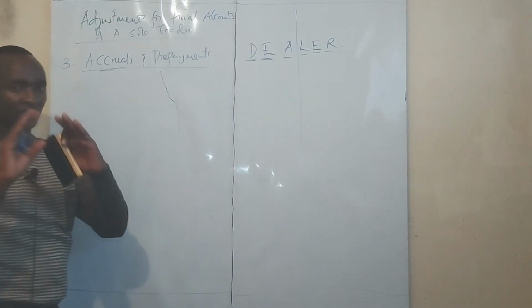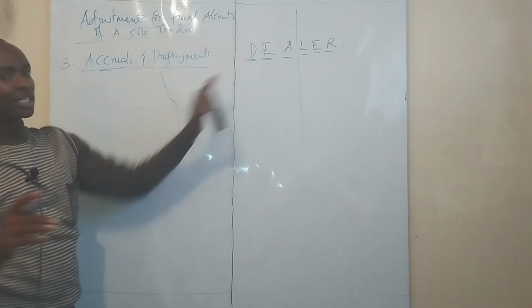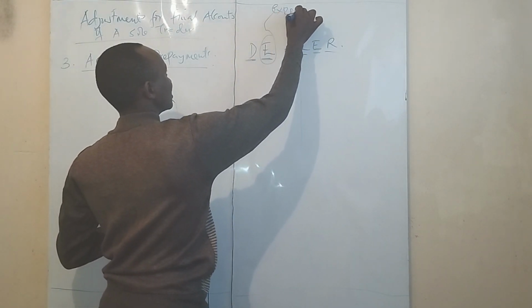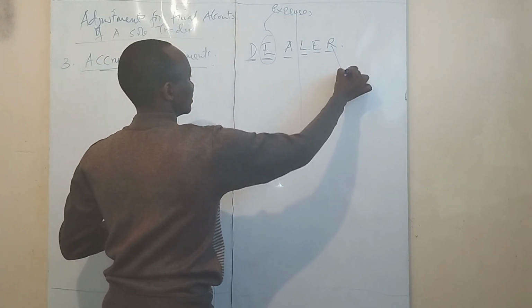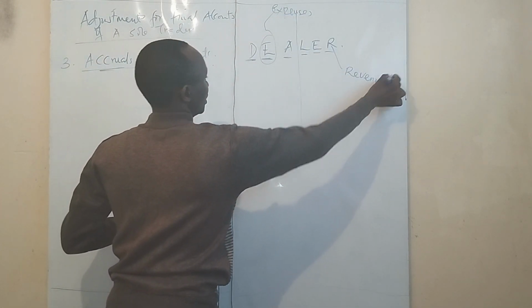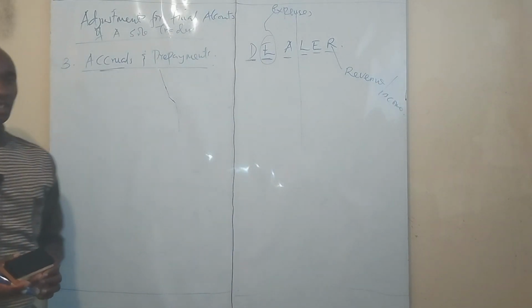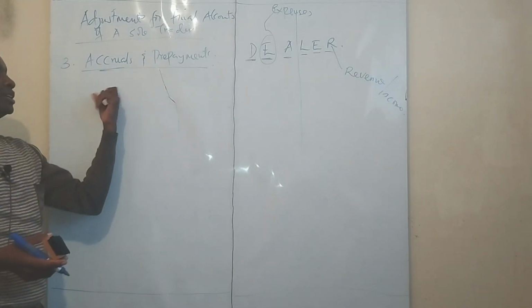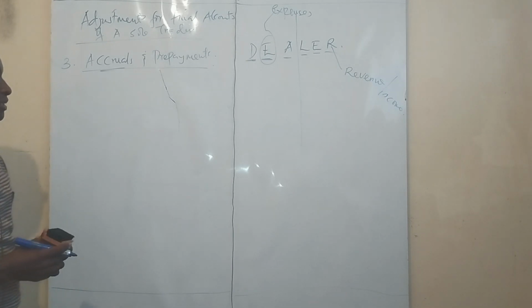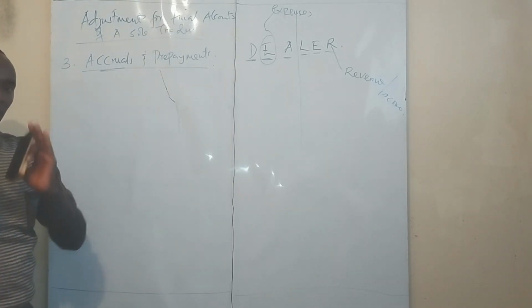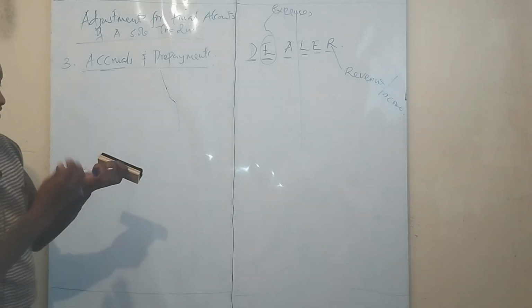So when I talk of the two elements in our dealer word, I mean the expenses and revenue. Revenue is the same as income. Yes, so that is what we are going to measure in our accruals and prepayments. So before we look at these expenses and revenues, it's very much important for us to understand this.